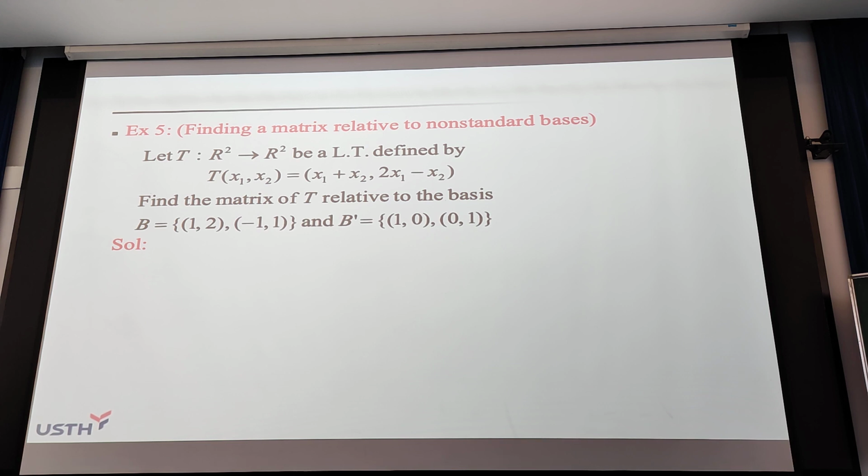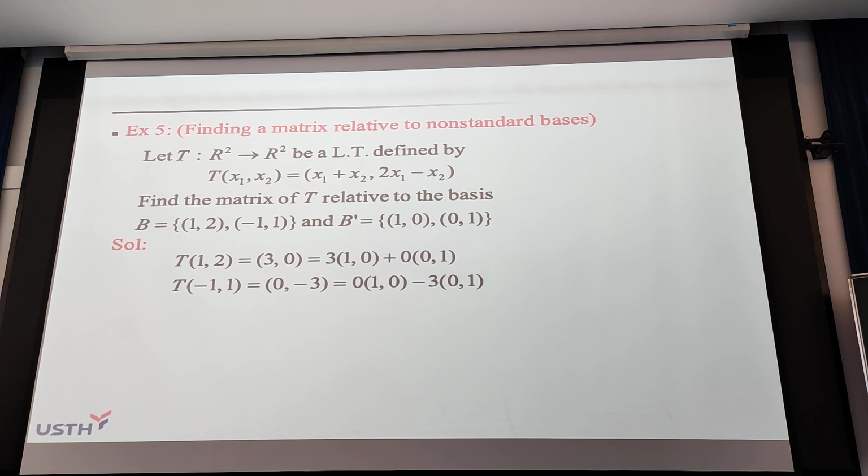But now you are required to find the matrix of T relative to the basis B to be Z1 and B prime to be Z1. If you take a look at here, B prime will be a basis for the codomain. Z1 is a standard basis, but the basis B for the domain is not a standard basis. How can we find it?